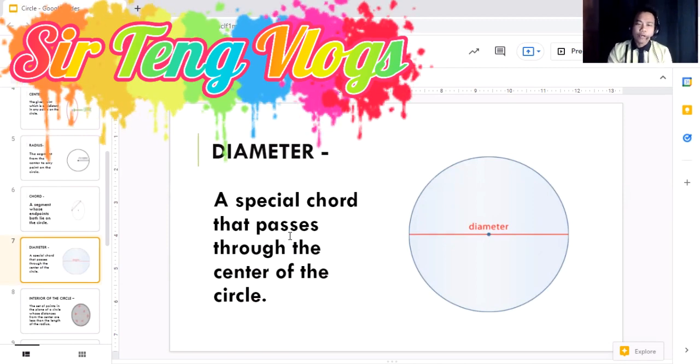A special chord that passes through the center of the circle. Meaning to say, the diameter touches two points and passes through the center of the circle. So we have 2 radii.